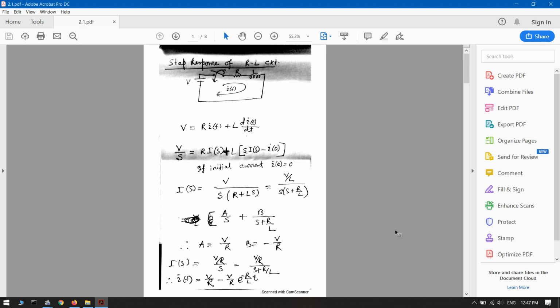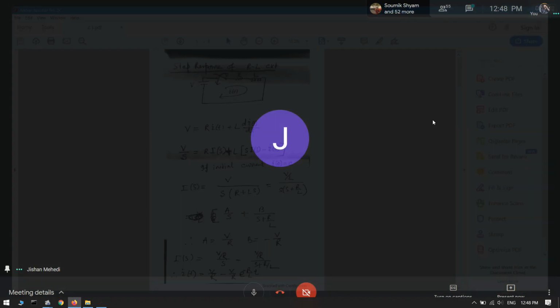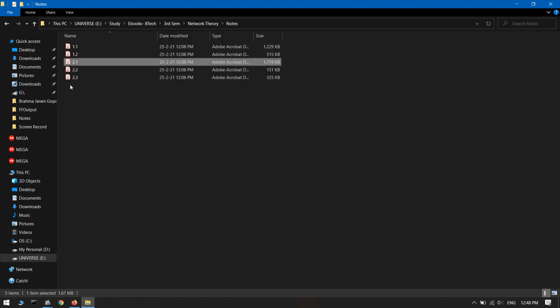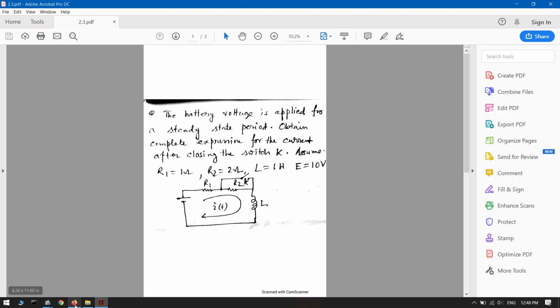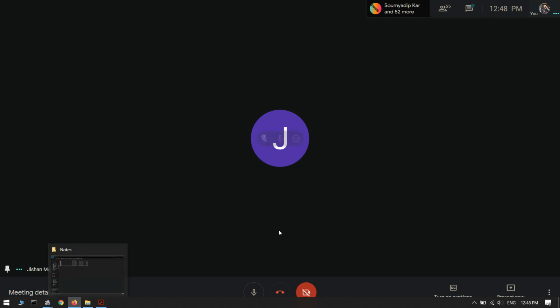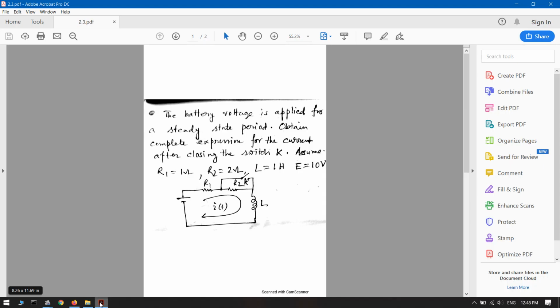In those two problems, it is not written that you have to solve using Laplace transformation, but you are free to use Laplace transformation or any other method. So consider the first problem. Open that problem sheet, last PDF. You see, again I am going to dictate that problem.